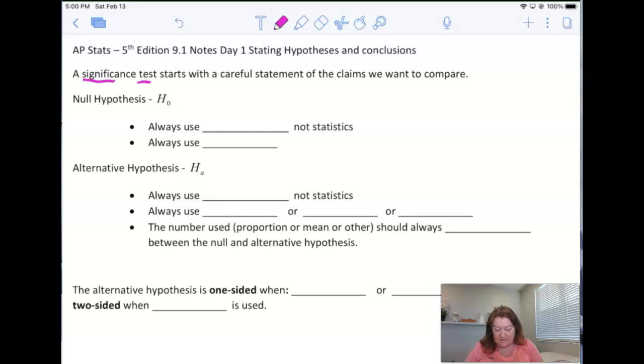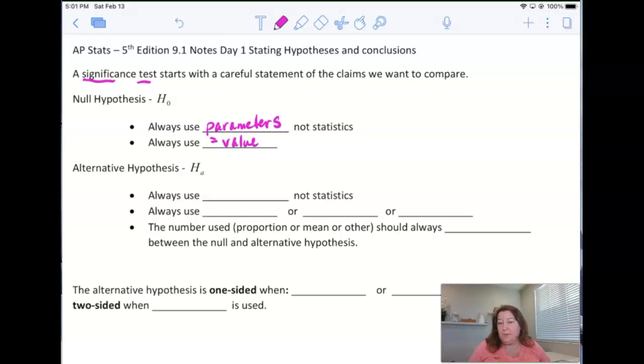A significance test is going to have two hypotheses. It's going to have a null hypothesis that usually uses that H with a little sub-zero, and we are always using parameters, not statistics. We are also always using the equal sign to a value.